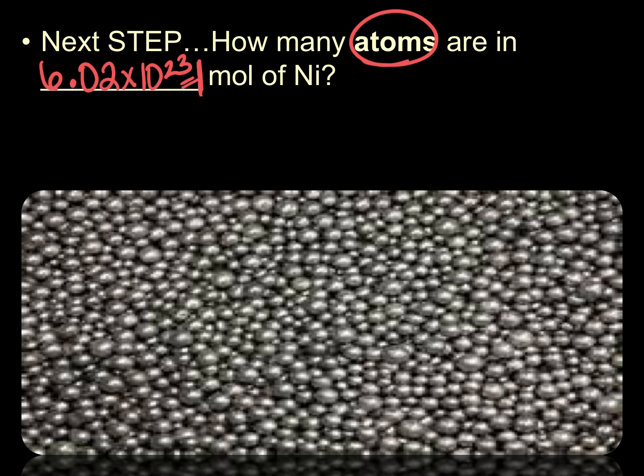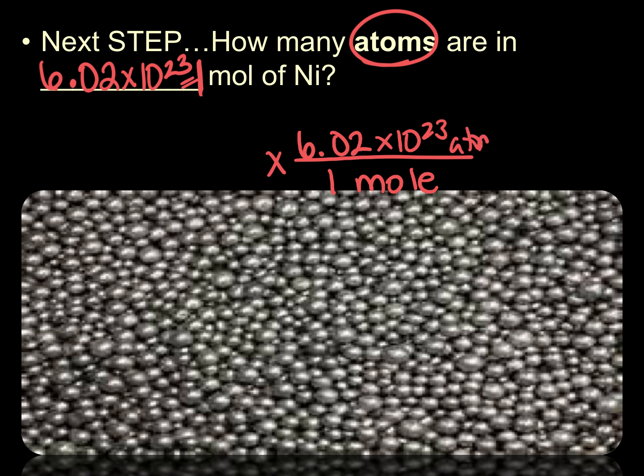So we calculated before that we have 0.17 moles of nickel, but we need to find out how many atoms of nickel we have. So we're going to use Avogadro's number next to figure out how many atoms we have. So we're going to do 0.17 times 6.02 times 10 to the 23rd.